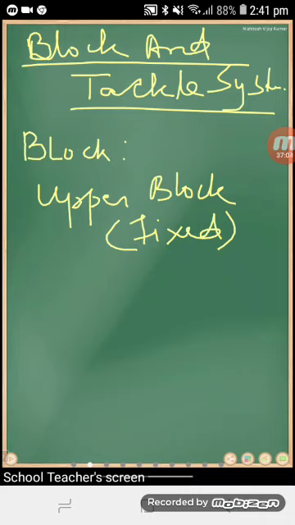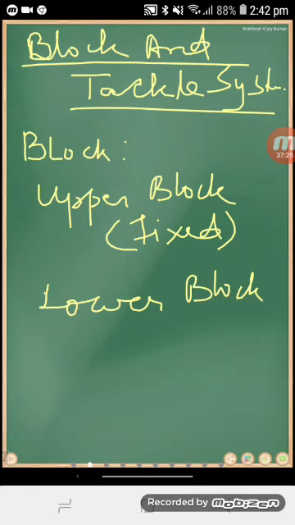The axis of movement of the pulley is going to be fixed to a rigid support. And the lower block is called your lower block. This is a movable block.